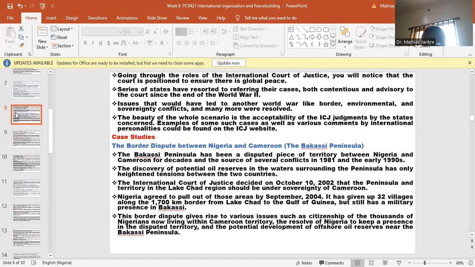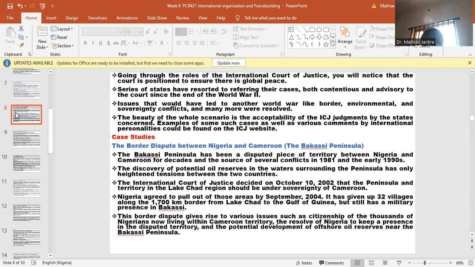Issues that would have led to another world war, like border, environmental, and sovereignty conflicts, and many more were resolved. The beauty of the whole scenario is the acceptability of the International Court of Justice's judgments by the states concerned. Examples of such cases, as well as various comments by international personalities, could be found on the ICJ website, in the case studies.